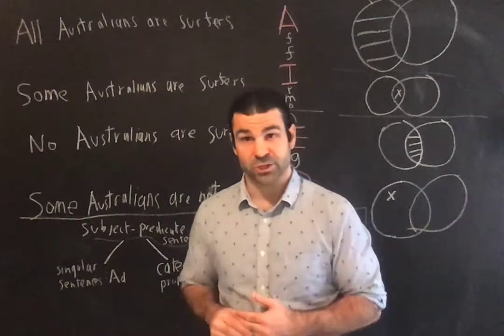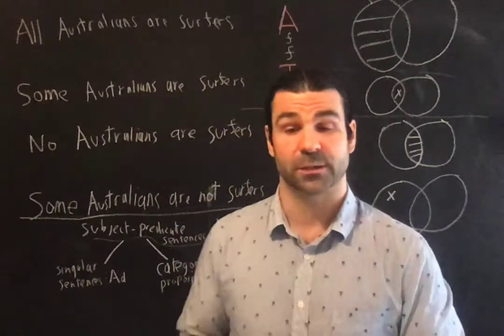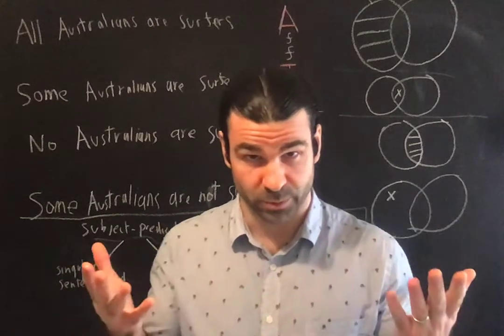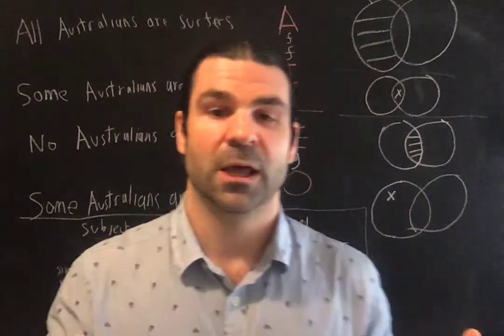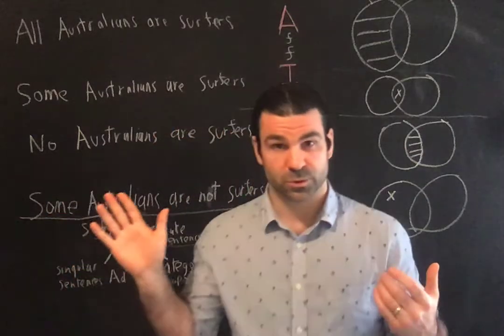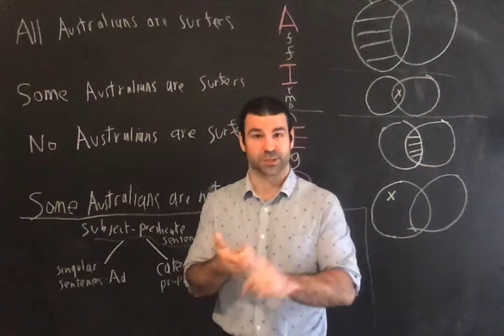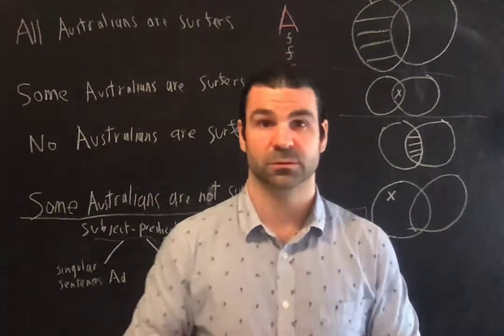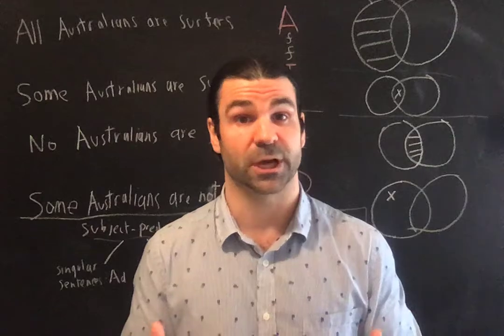Just to continue bringing us up to where we are, we've got two kinds of subject-predicate sentences. Singular sentences, where the subject is an individual. Categorical sentences, where the subject is an entire class.